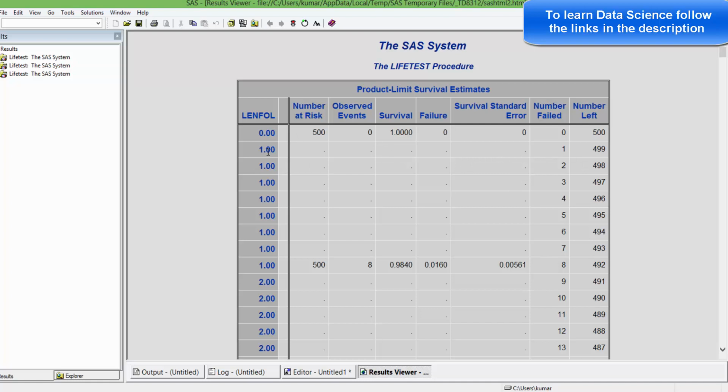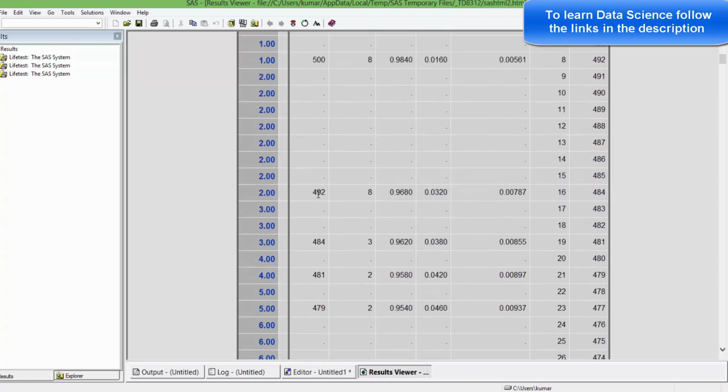Then on the first day, one person died, and then a second person died, and gradually 8 in total died on the first day. So total number of people who are at risk on the second day is 492 now.